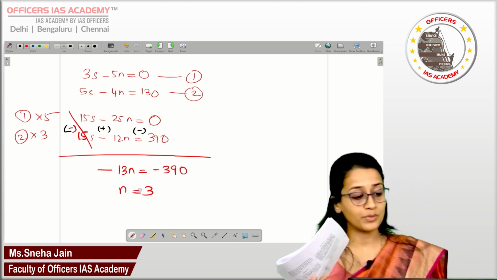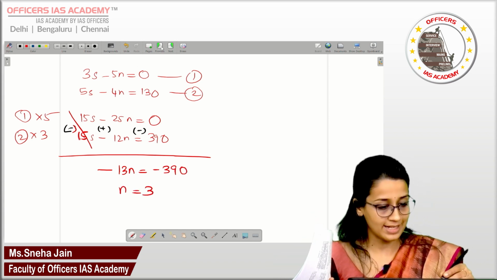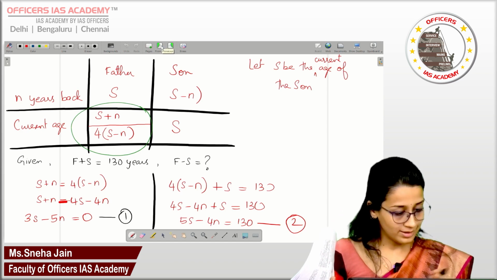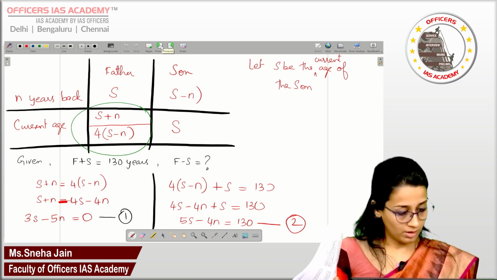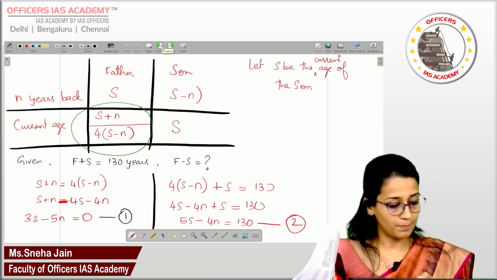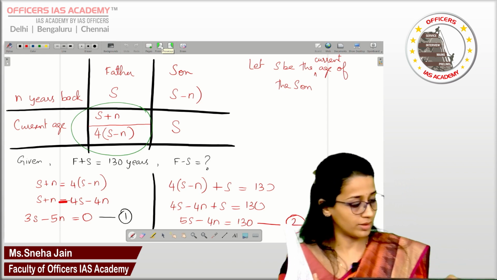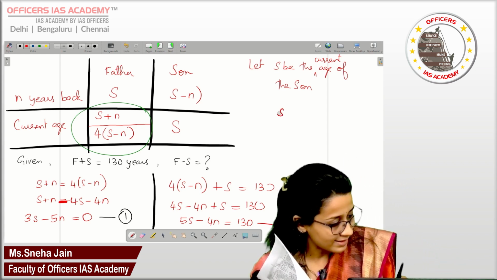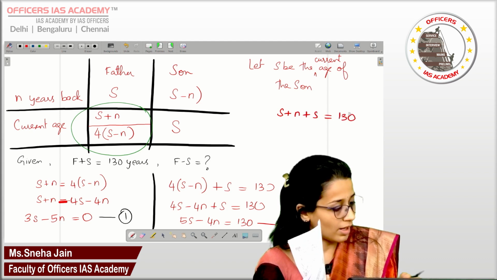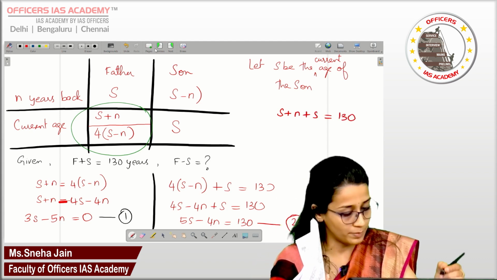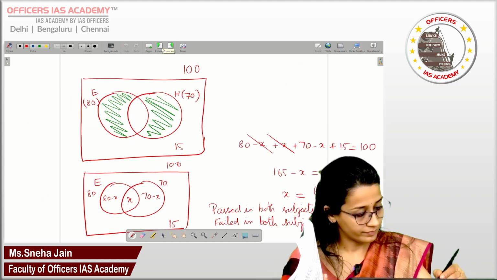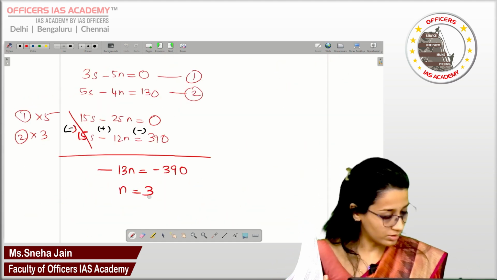All right. Now I have to go back and find the value of S. So what did this expression say? S plus n plus S. Yes, father plus son. So I'm going to substitute this here. S plus n plus S is 130 years. So I've just found out the value of n to be 30.